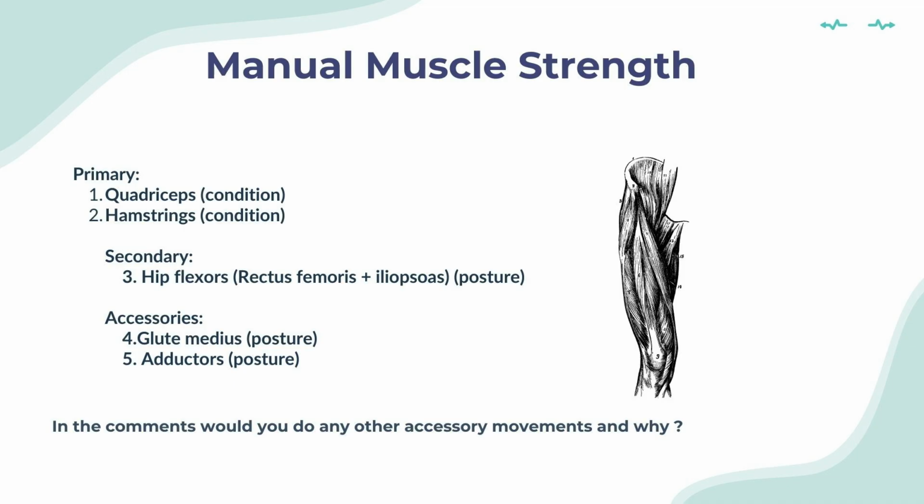And then in our secondary, we are going to do our hip flexors, so iliopsoas and rectus femoris as a group. You can test them without doing knee extension, and this is valuable because in your exercise program, doing hip flexion exercises will by addition add strength to your knee joint.